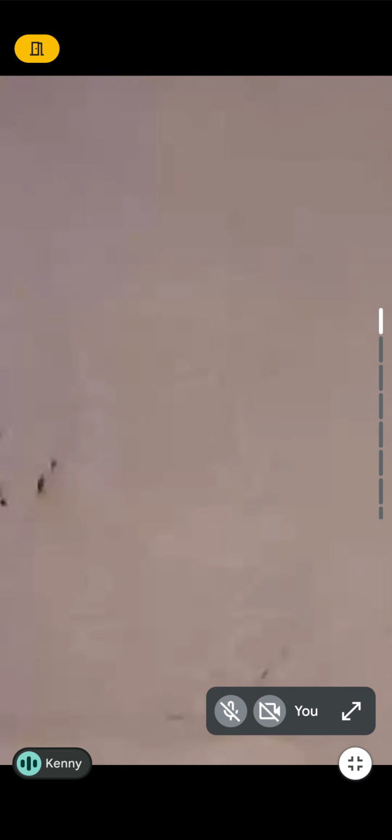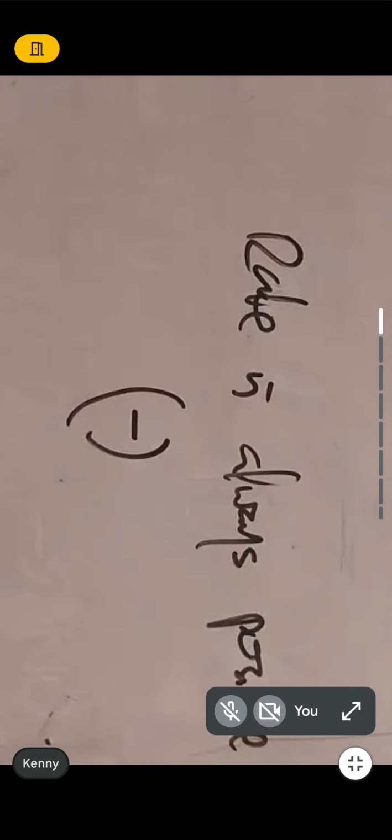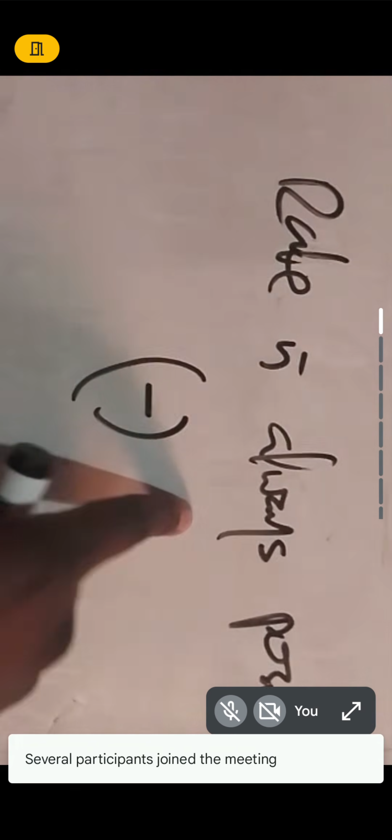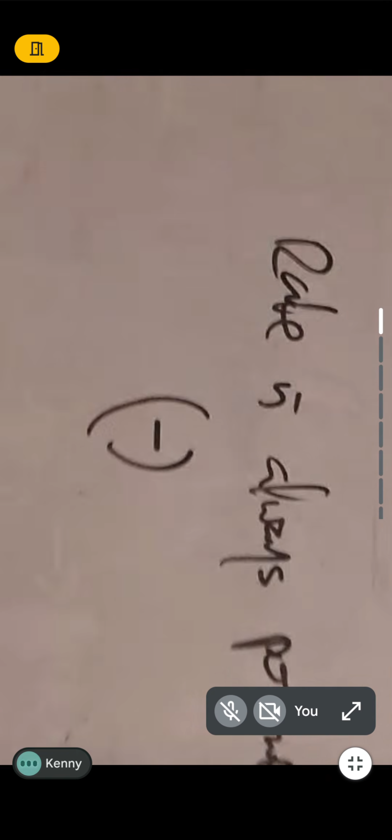So we are saying rate is always positive. Even if you find a negative rate, change it and report it as a positive rate. Always report rate as a positive quantity, even if it is negative.